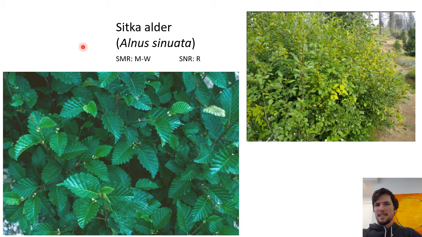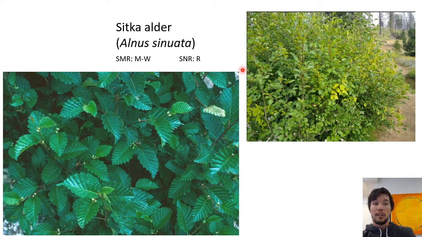Now, our Sitka alder. So this is kind of a small tree. I believe it maxes out about 20 feet tall or so. What is that? Like 5 meters or something like that. And the thing about alders in general, they're really effective seral species. So you find these in lots of really exposed sites.